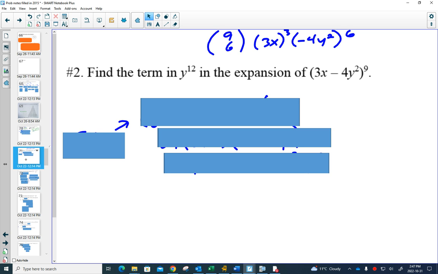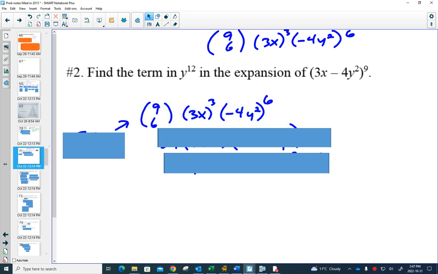All right, find the term with a y to the 12 in the expansion of this. So again, we would go to our term formula. Actually, I'm going to add one more step before this.